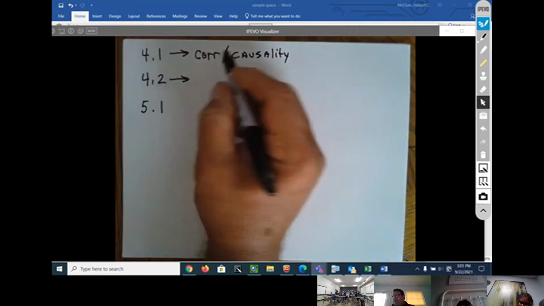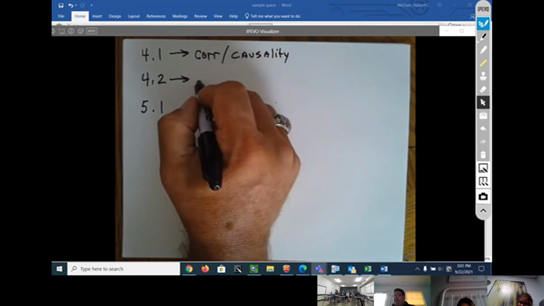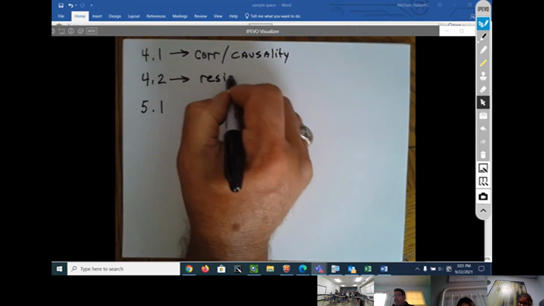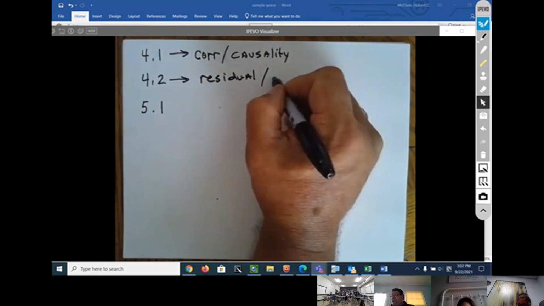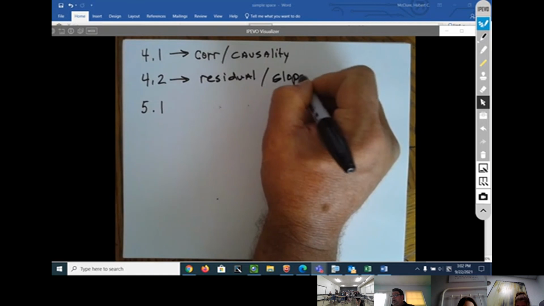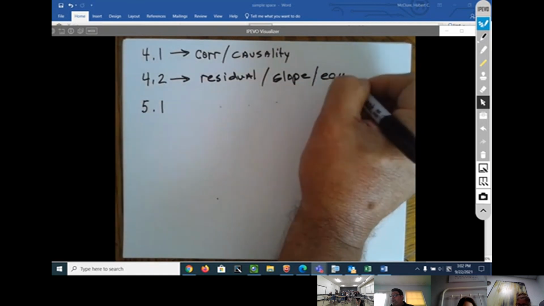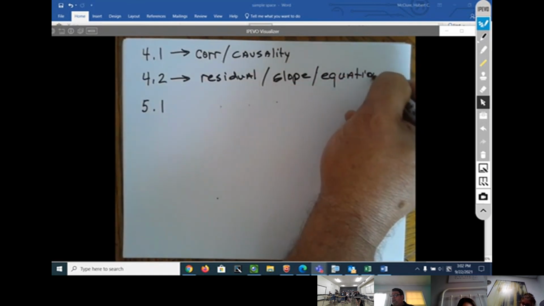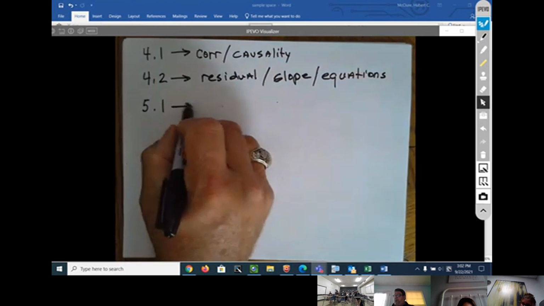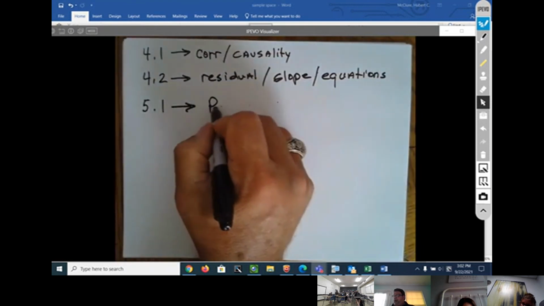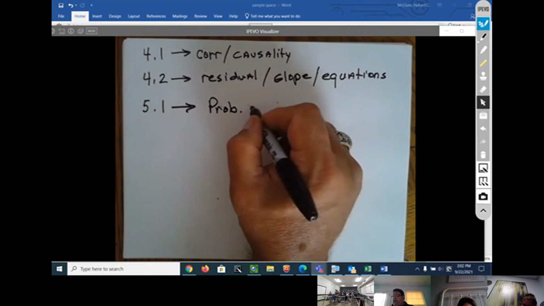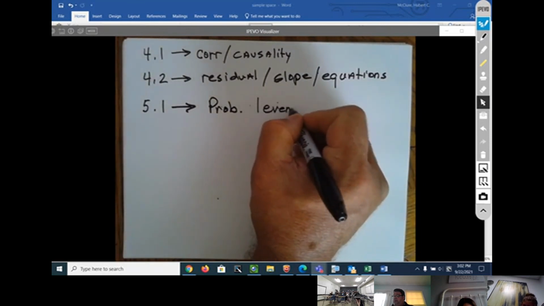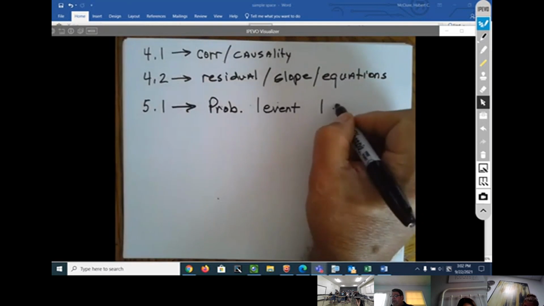In 4.2, we talked a little bit about residuals, and you're also going to have some slope and equations. In 5.1, we brought in probability. Single probability, meaning with one event or one sample space.